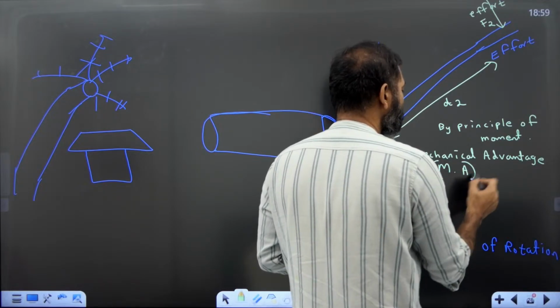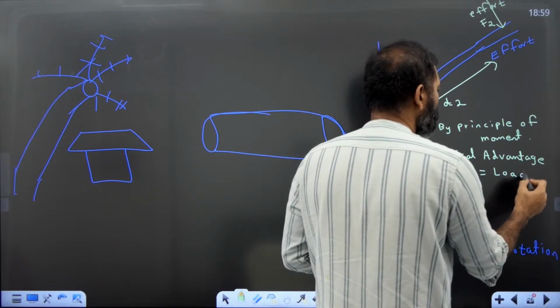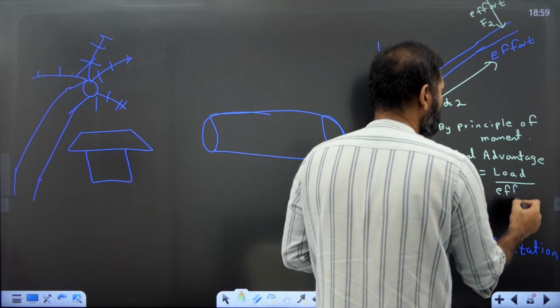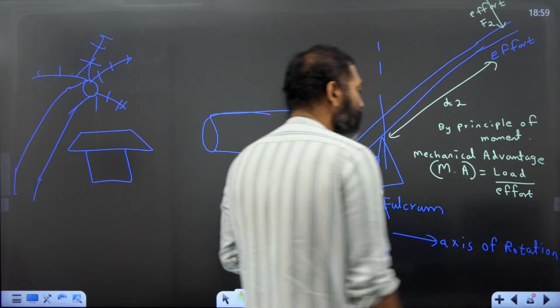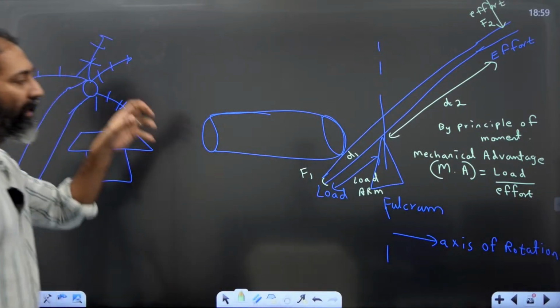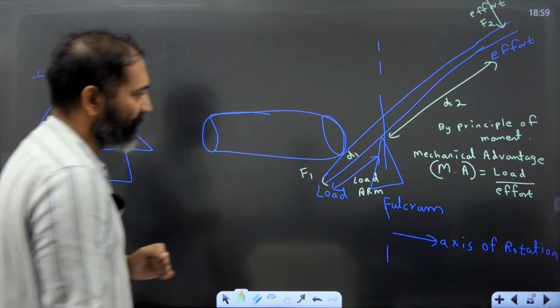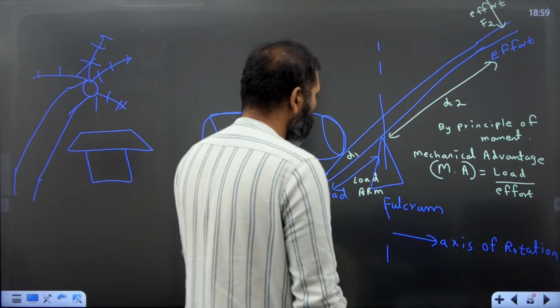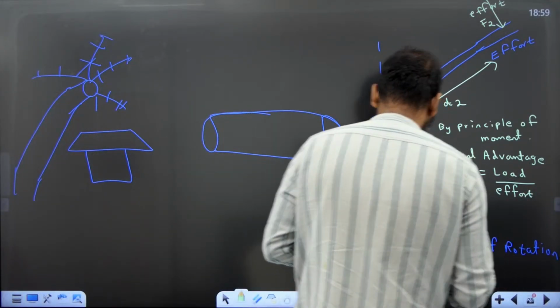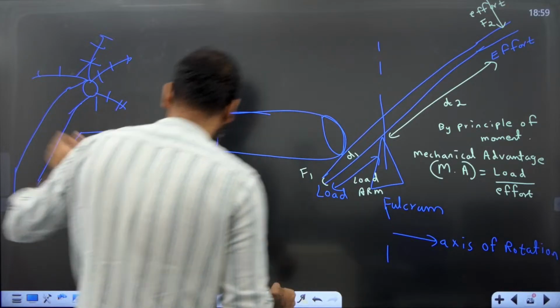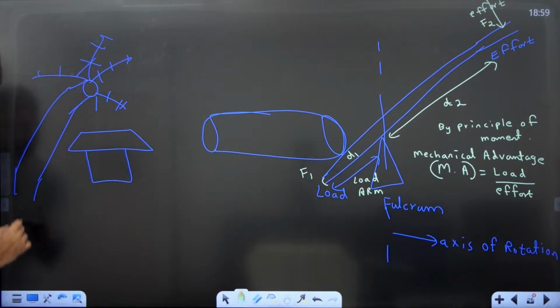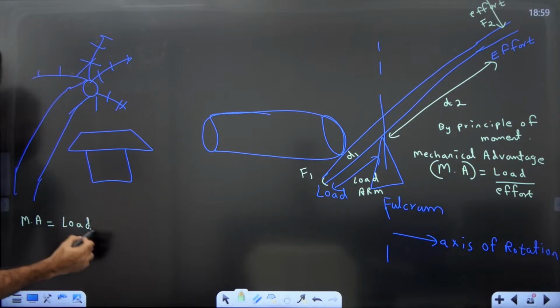Mechanical advantage MA is equal to load by effort. Mechanical advantage MA is equal to what? Load by effort. It is better to write it here. Mechanical advantage is equal to load by effort.